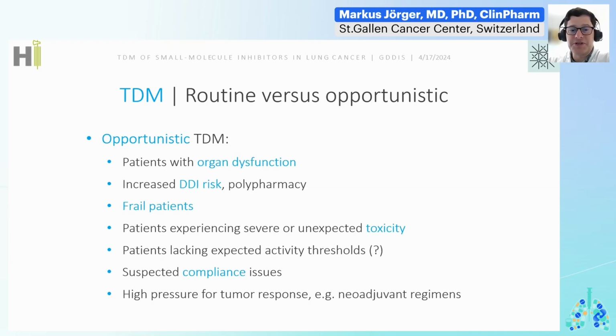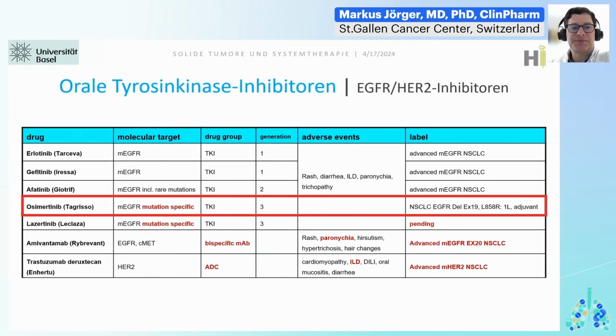High pressure for tumor response, I think that is something that could become more important in the future, in particular also in lung cancer, where the kinase inhibitors move to neoadjuvant regimens, and there we have, of course, a pretty high pressure to achieve a good response.